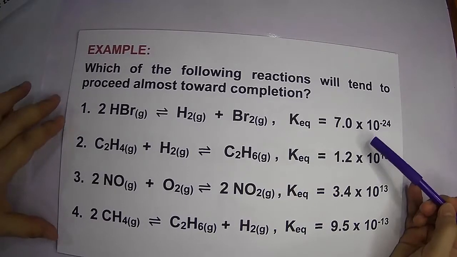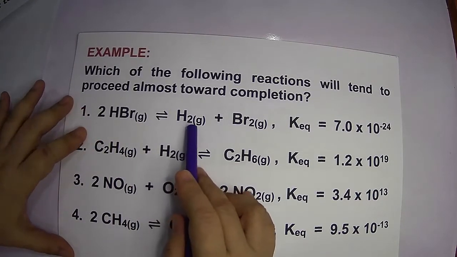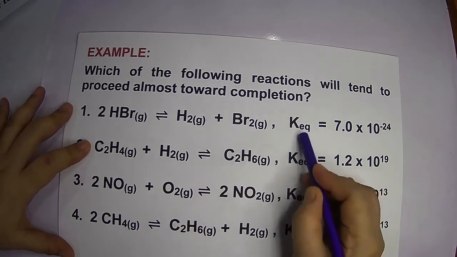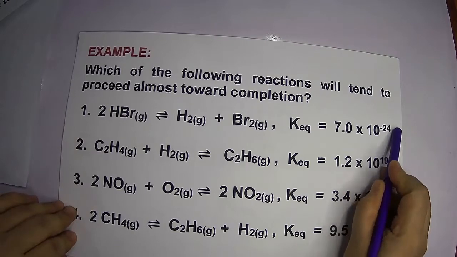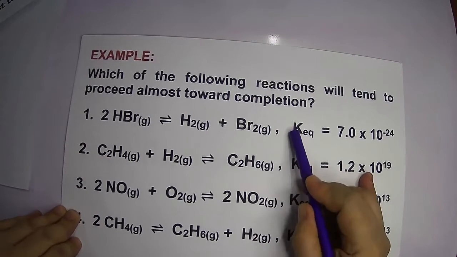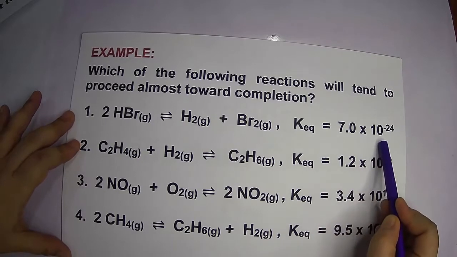Here's number 1, for 2 moles of hydrogen bromide giving you hydrogen gas and bromine gas, the Keq value is 7 times 10 to the negative 24. The Keq value is less than 1, very small. Therefore, it will not proceed almost towards completion.